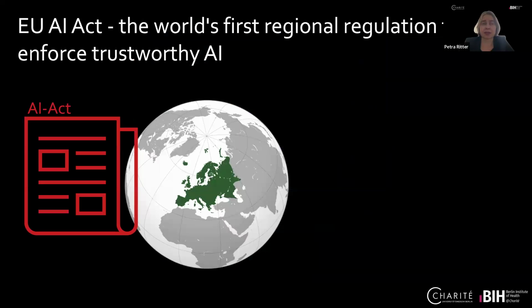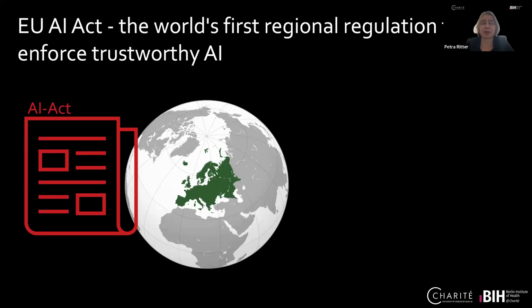The brain twins fall under the AI, artificial intelligence, definition according to the AI Act that has been in force since August this year in Europe. The AI Act, the European Artificial Intelligence Act, is the first regulation in the world for trustworthy AI.